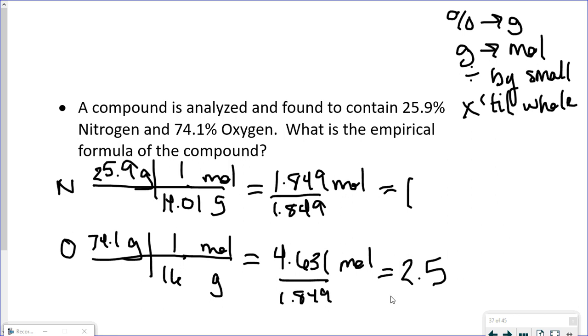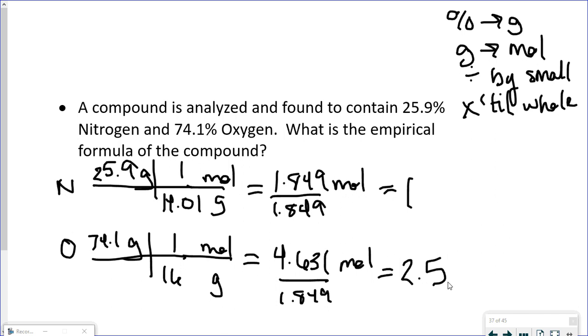And whenever you have to multiply, it's not going to be very difficult numbers. It will be numbers like 0.25, 0.5, 0.75, 0.3, 0.6. So things that you can generally multiply by 2, 3, or 4 to make it a whole number.